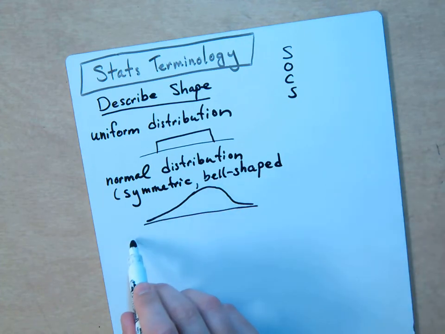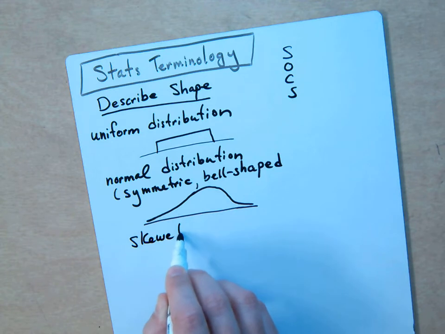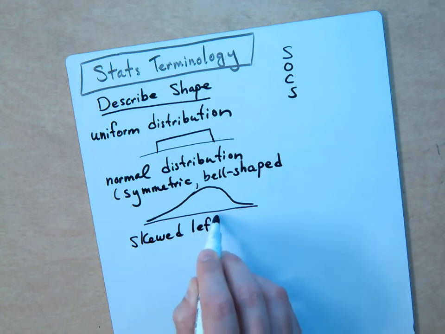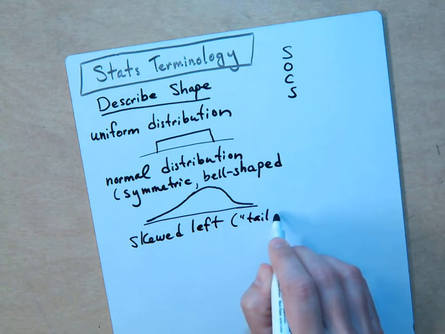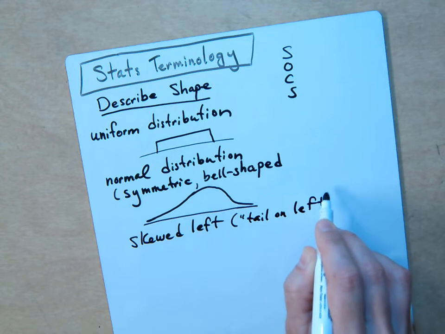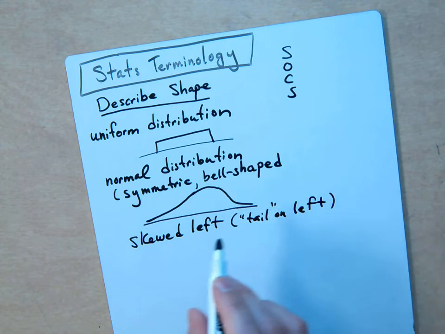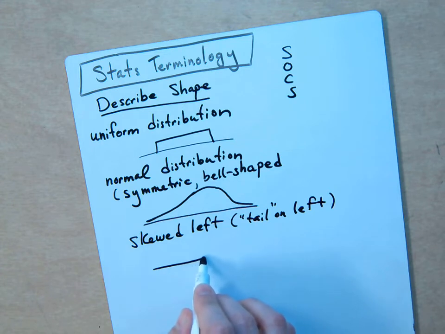And then you might have something that's skewed left, and think of this as a tail on the left. So your extreme values are on the left. Tail on the left. So that would look like this. There's your tail.